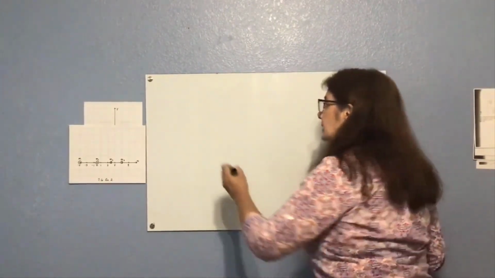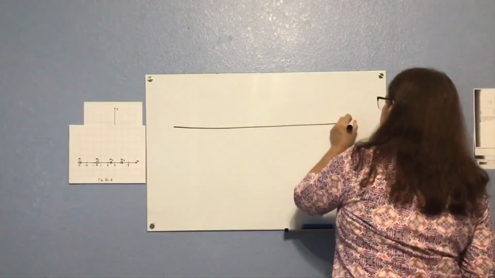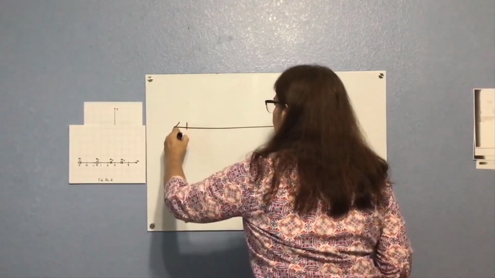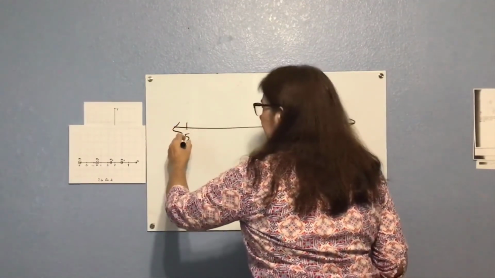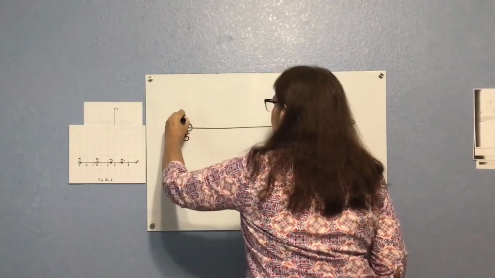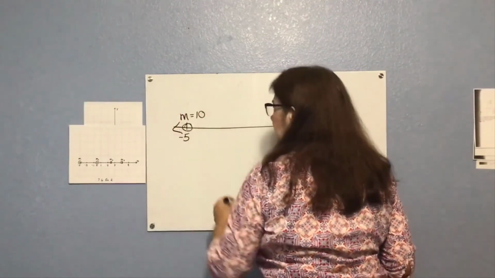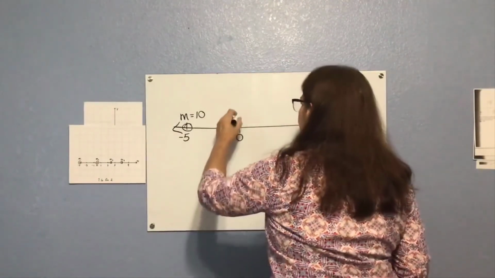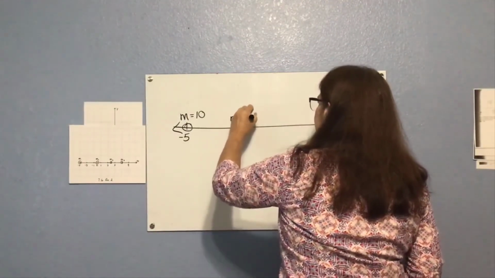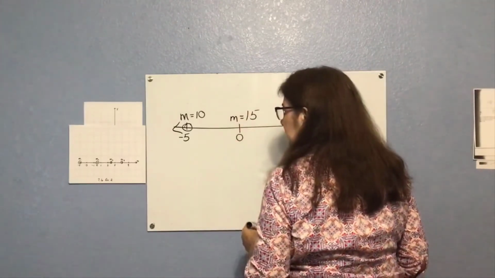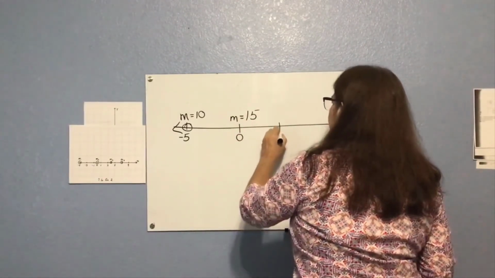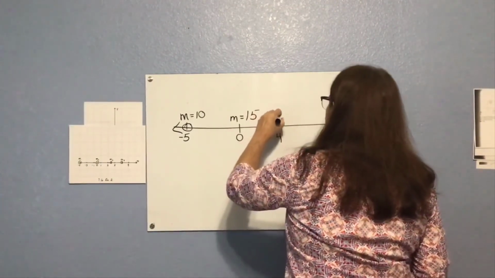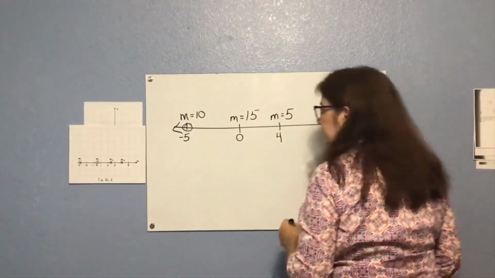Okay, let's look at an example. This is going to be -5, and I'm going to have a mass here of 10. And then at 0, I'm going to have a mass of 15. And then at 4, another mass of 5.